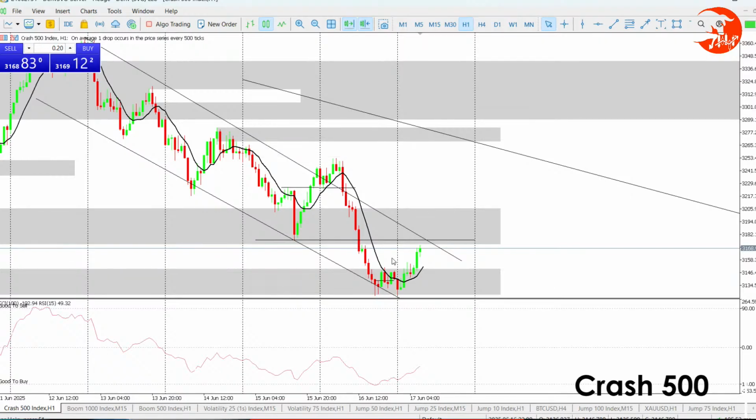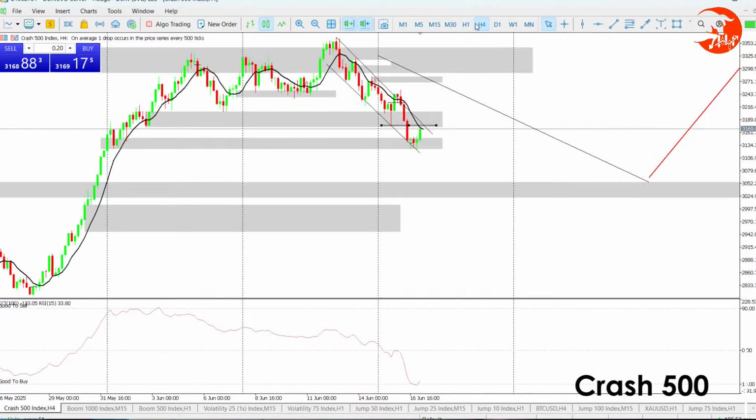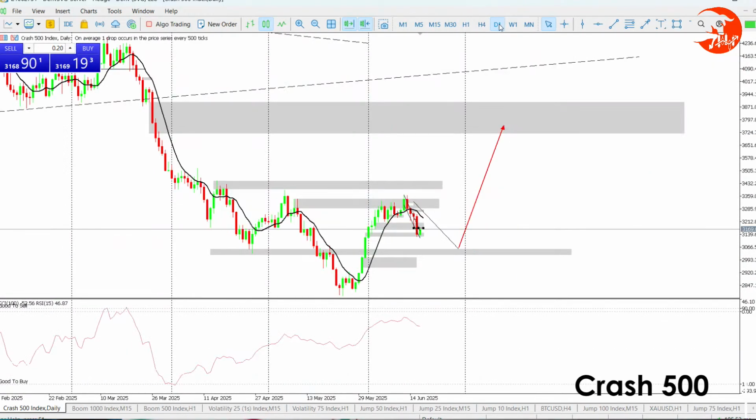Okay, this can go. This break of structure, okay, this is according to H4. According to daily, on the other hand, we are looking for buys, but we needed a retest. Oh yes, I've remembered.